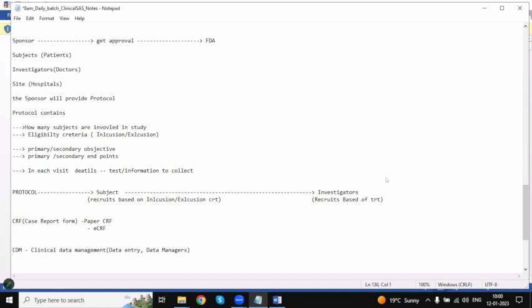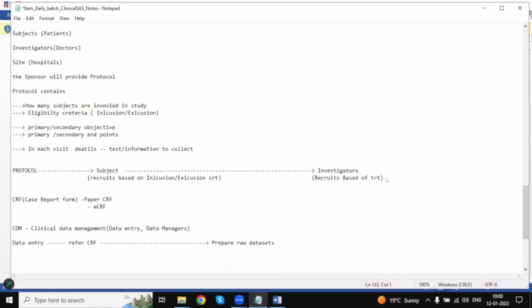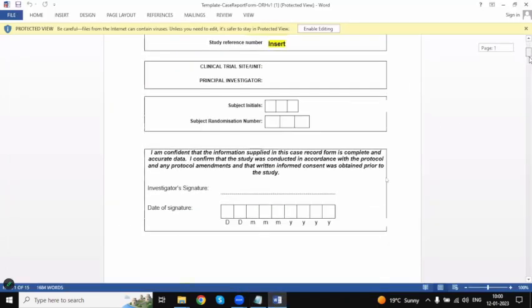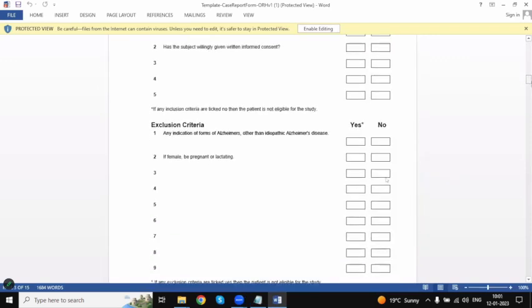What will these data entry people do? They refer to the CRFs, the paper CRF or eCRF, and they prepare the raw data sets. That means all the CRF information is captured in the form of data sets. Whatever the site maintains in the CRFs for each subject, they collect.